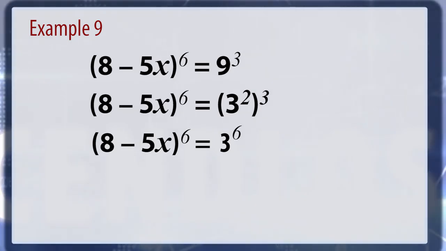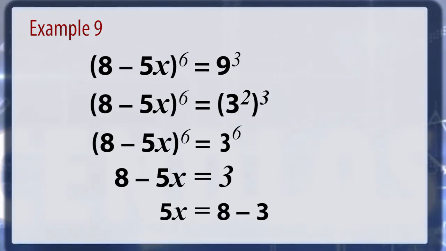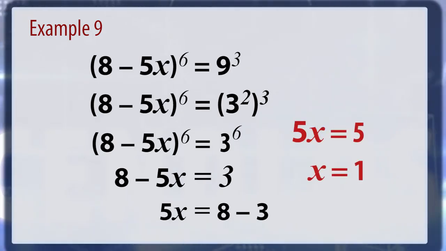Now that we have both sides to be equal and our powers are the same, we can very safely compare the bases. So we say 8 minus 5x is equal to 3. Then we solve that little equation and we get the value for x. So 5x is equal to 5 and x is equal to 1.